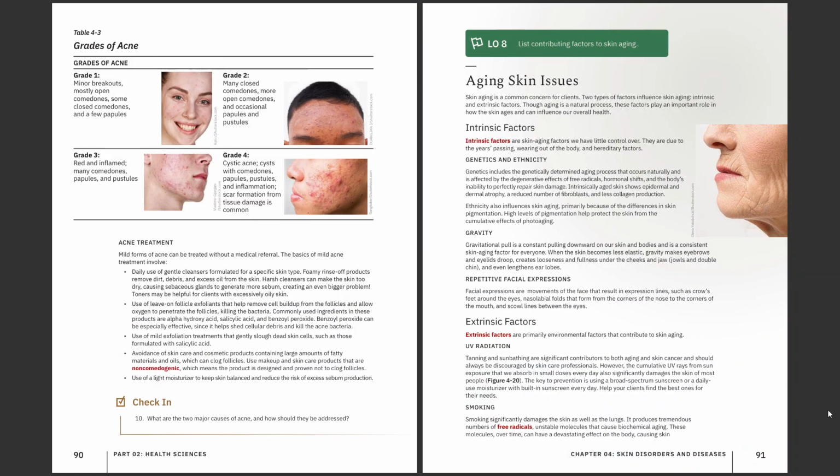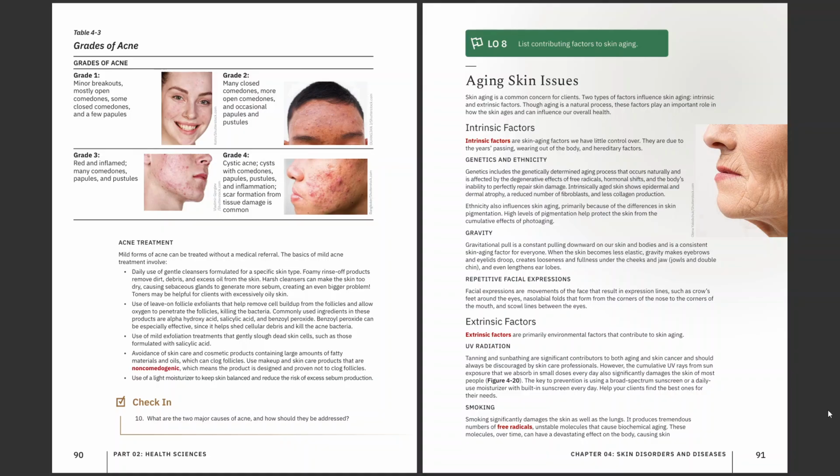Grades of acne. Grade 1, minor breakouts, mostly open comedones, some closed comedones, and a few papules. Grade 2, mainly closed comedones, more open comedones, and occasional papules and pustules.